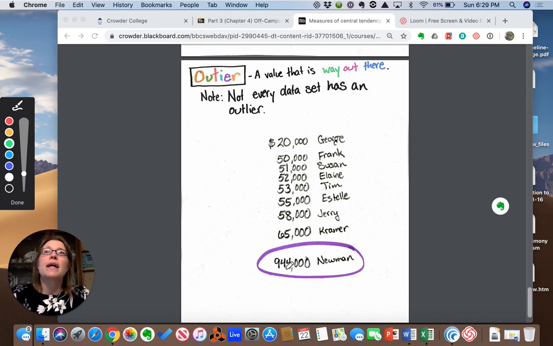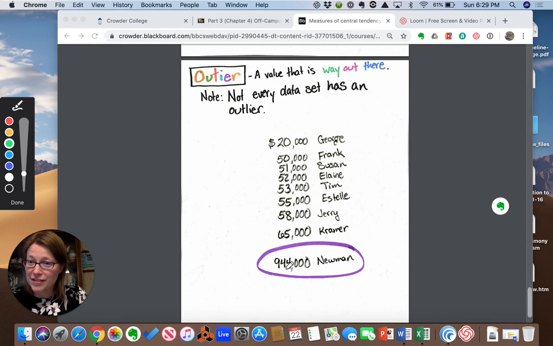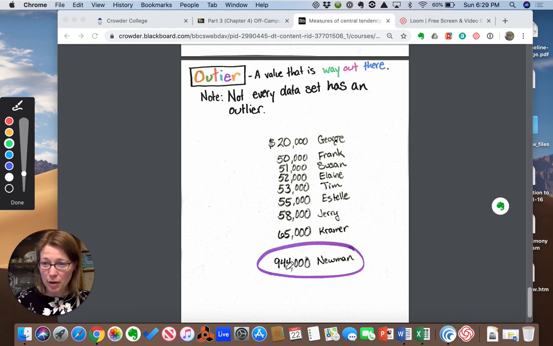If you talked about how many free throws everyone could make in a given collection of people, maybe there wouldn't be an outlier. But if a professional basketball player happened to be there, then maybe it would be.